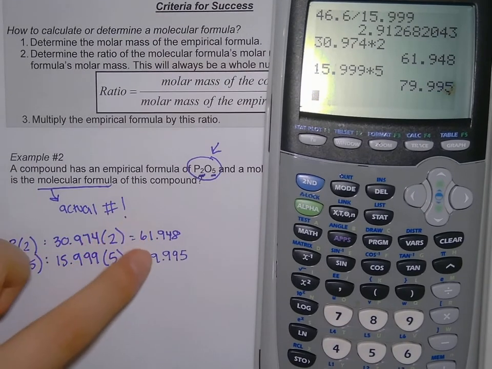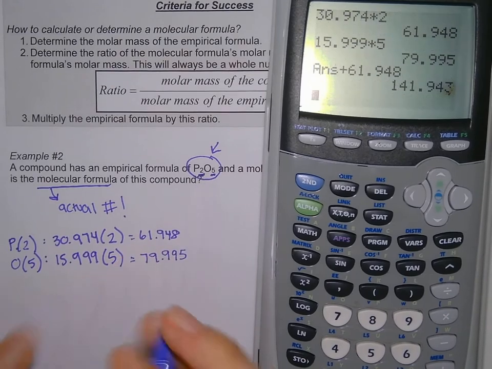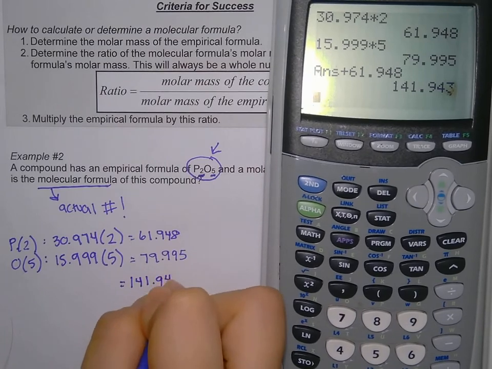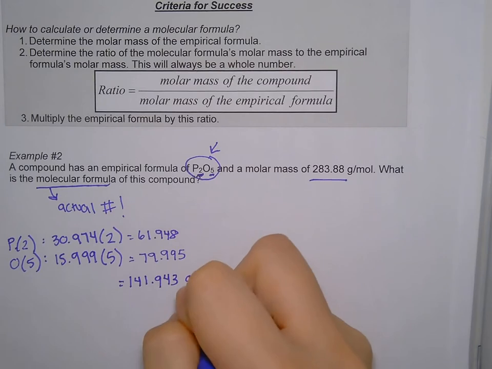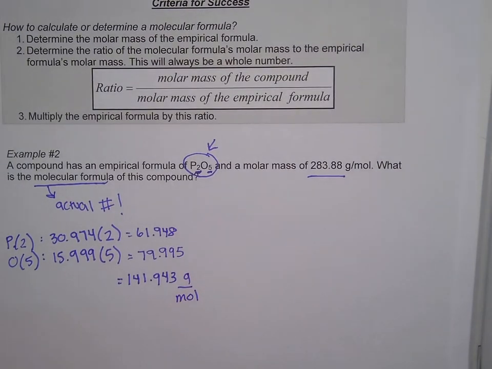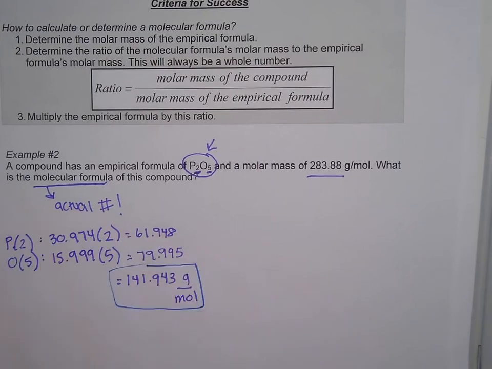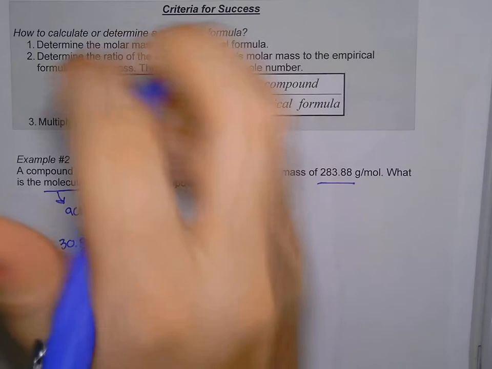Now I have to add these 2 together to finally find all of my molar mass of this compound, and that is 141.943 grams per mole. And that is the molar mass of P2O5. Cool, so we did step 1, which is calculate the molar mass of the empirical formula.